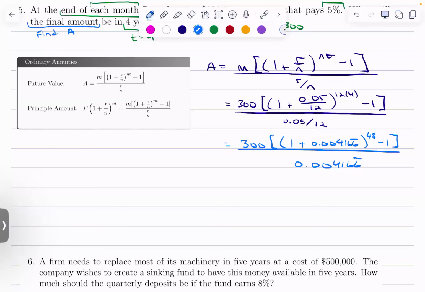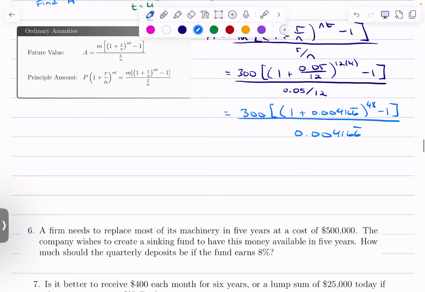0.05 divided by 12 plus 1. I'm just gonna go for it here. To the power of 48. 1.220895355 minus 1.